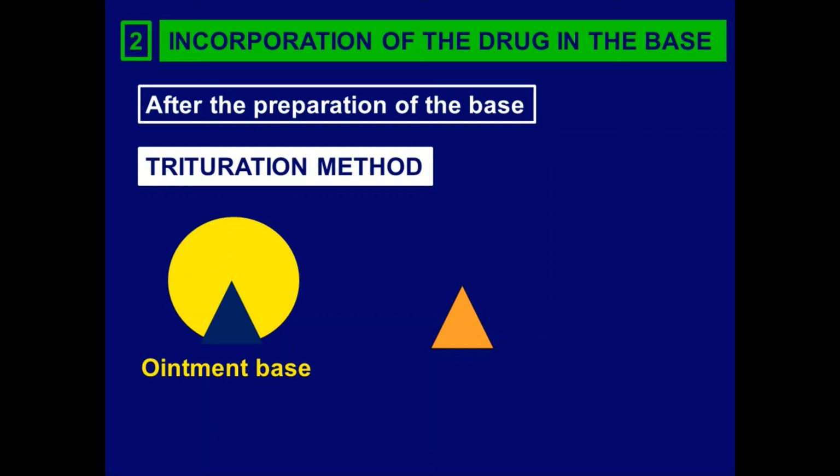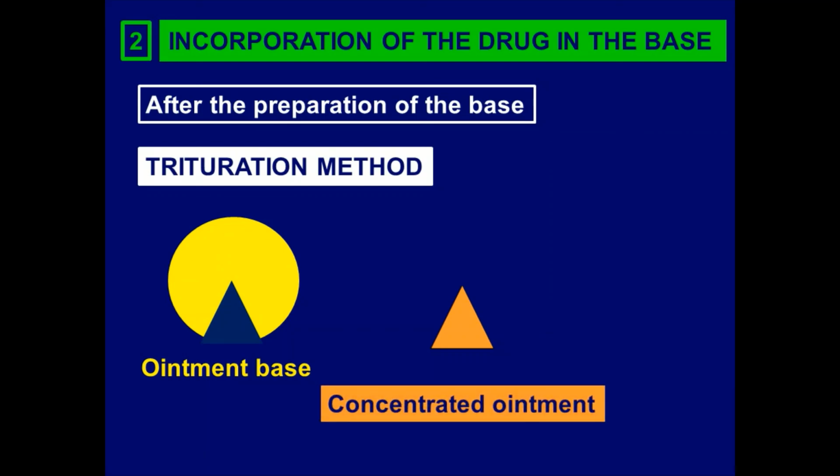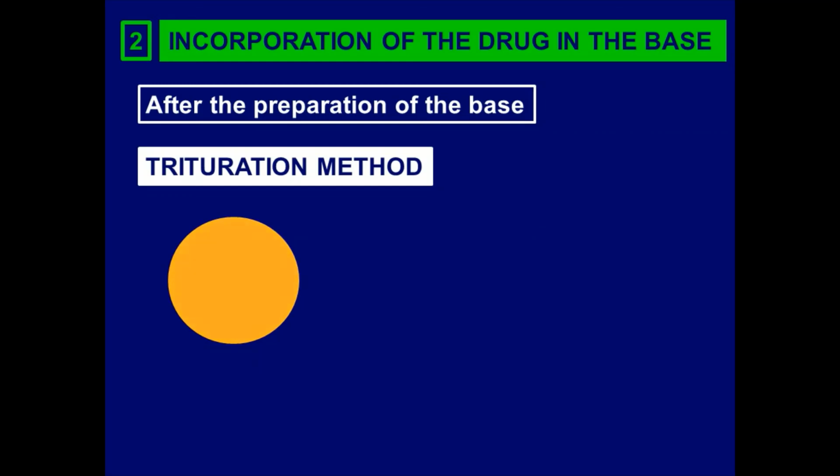When you triturate the drug with some of the ointment base, the produced portion of the ointment base is called concentrated ointment. Then you can add this concentrated ointment to the rest of the base and triturate it with the rest of the base to give medicated ointment. This is the trituration method.